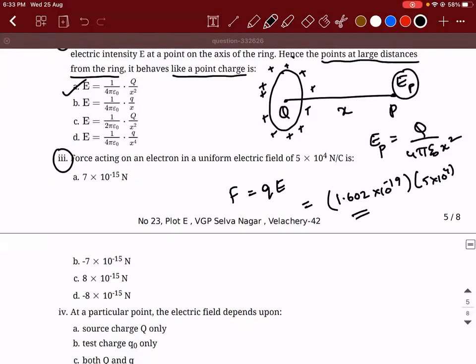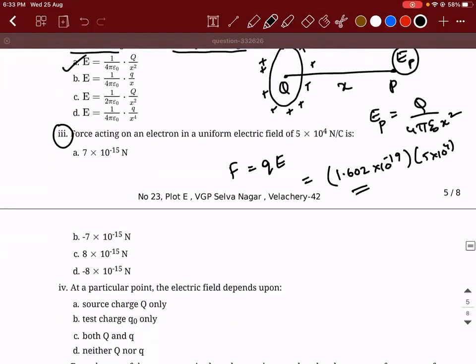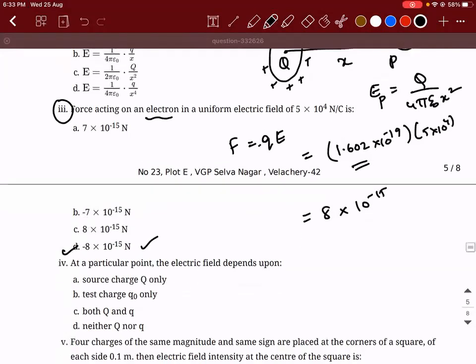So it should be somewhere around 1.6 into 5 is somewhere around 8. So 8 into 10 power minus 15. Actually, sorry, this should be the answer because electron is negatively charged. So minus 8 into 10 power minus 15.